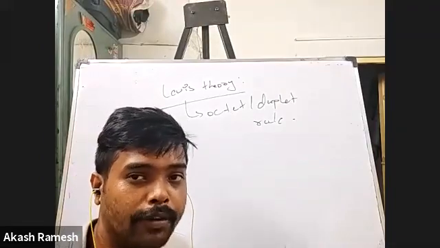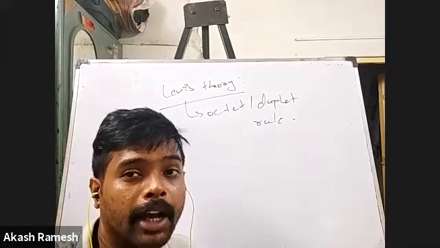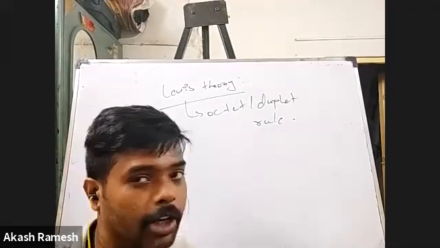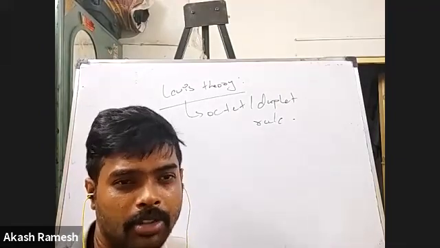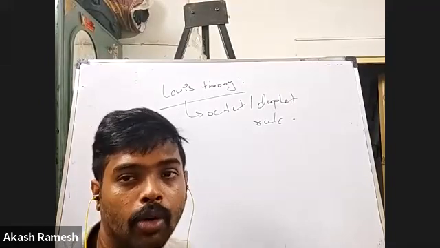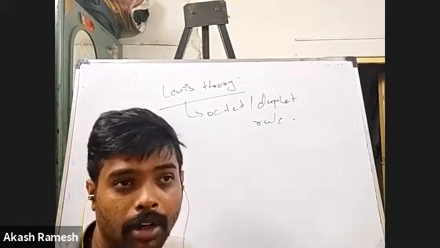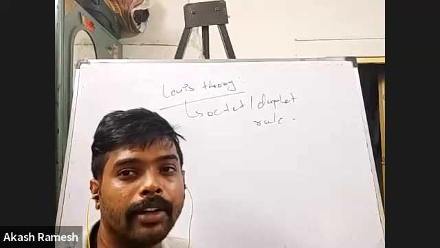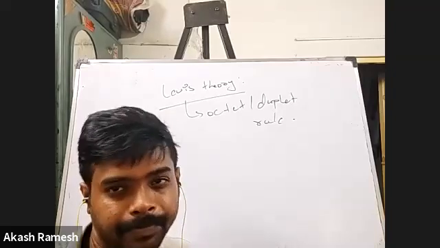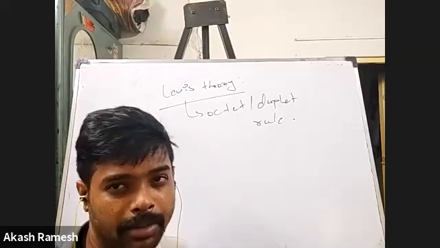The octet rule says that for the atom to become stable, I need to have 8 electrons in the valence shell. And duplet says that if octet is not possible, duplet will work only for 2 elements, or I would say 3 or 4 elements. They say that if I have 2 electrons in the valence shell, that is going to become stable.